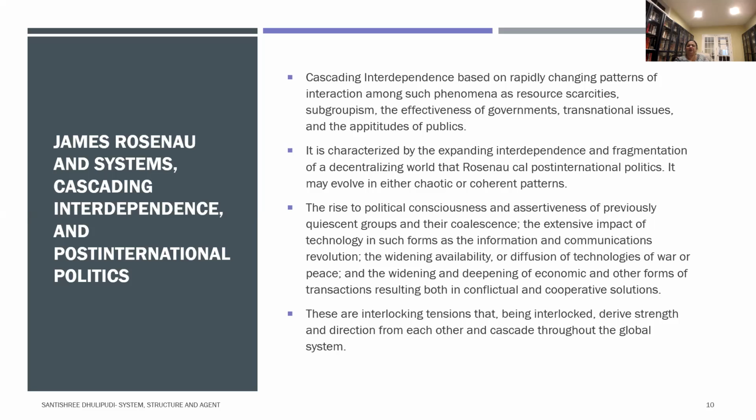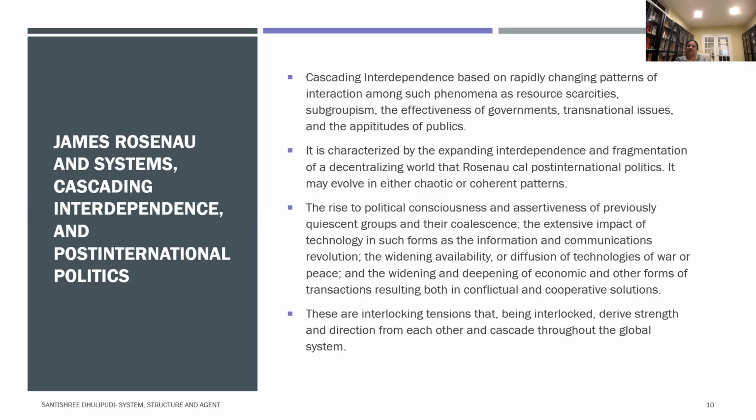The rise of political consciousness and assertiveness of previously quiescent groups and their coalitions, the extensive impact of technology in such forms as the information and communications revolution, the widening availability or diffusion of technologies of war or peace, and the widening and deepening of economic and other forms of transactions, resulting both in conflictual and cooperative solutions.